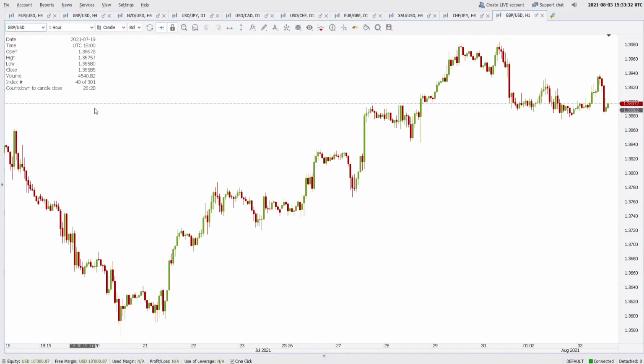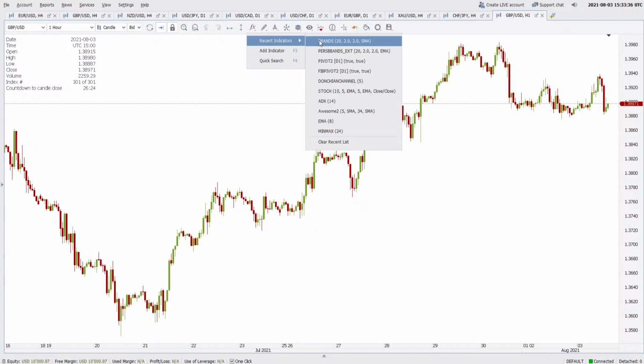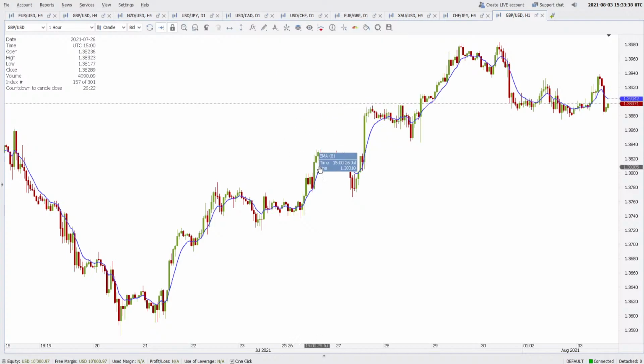Okay, GBP USD. First of all, what you have to do is put EMA 8. Then you have to put EMA 34.